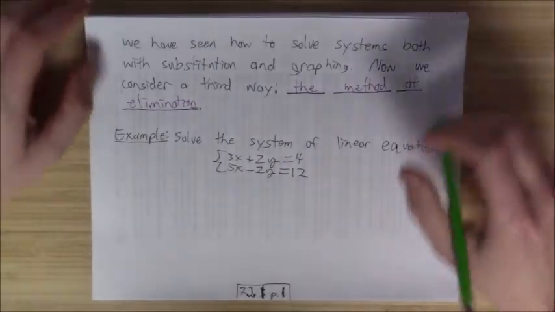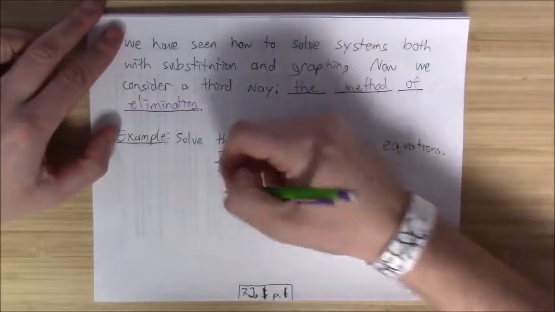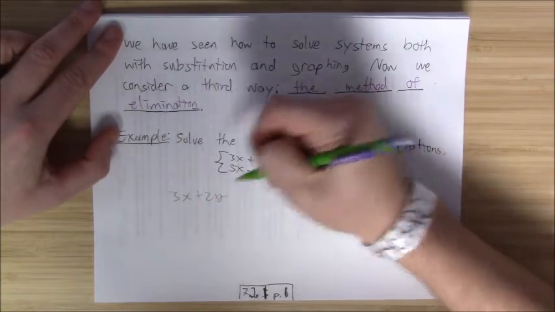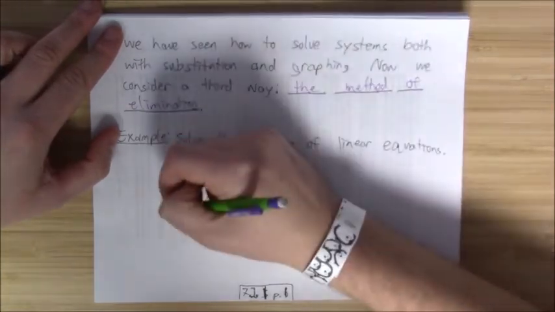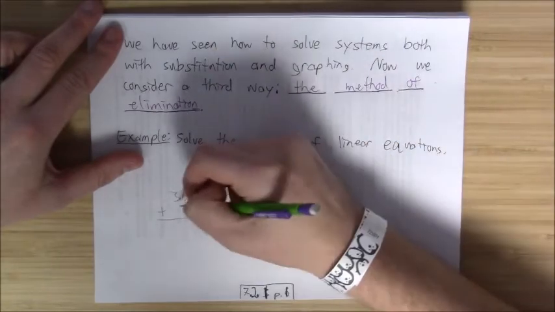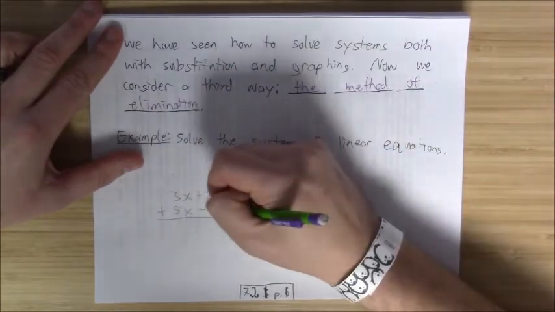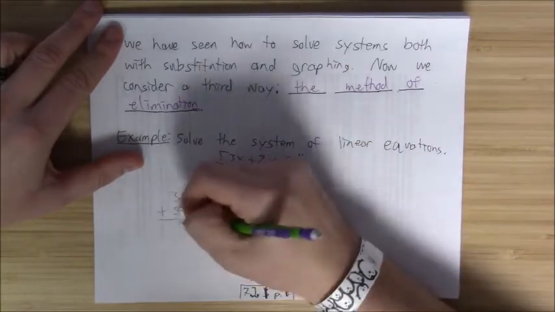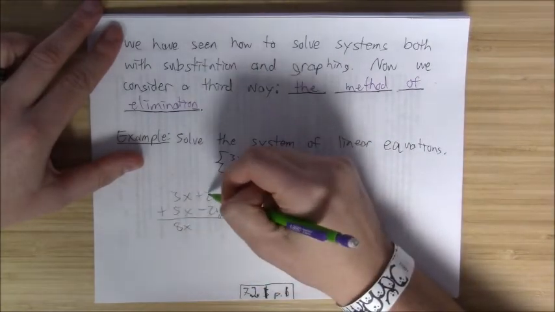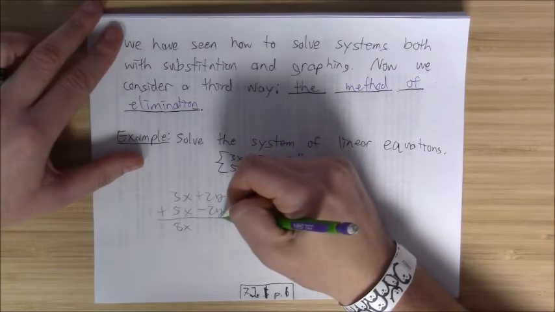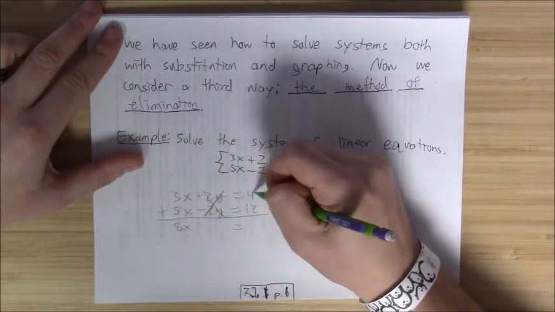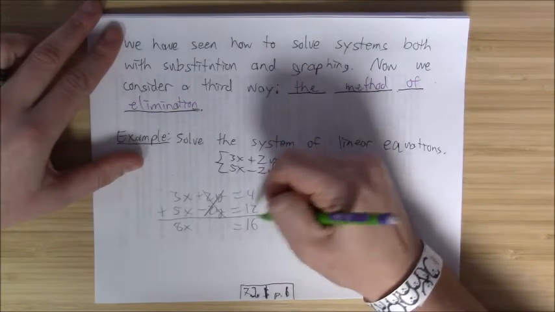Here, if we just add them as is, 3x plus 2y equals 4, and we add that to 5x minus 2y equals 12, we'll end up with 8x. Plus 2y and negative 2y cancel, and we end up with 16 on this side.